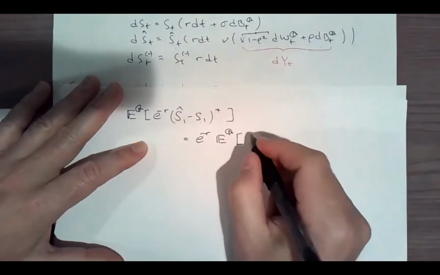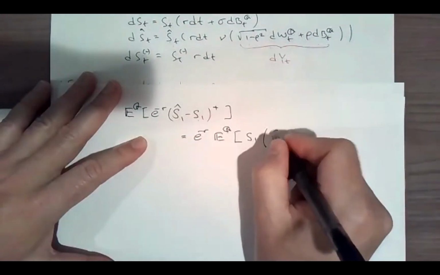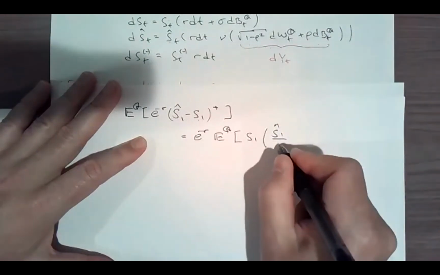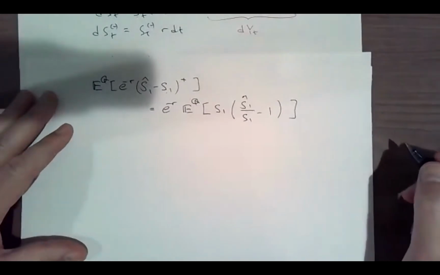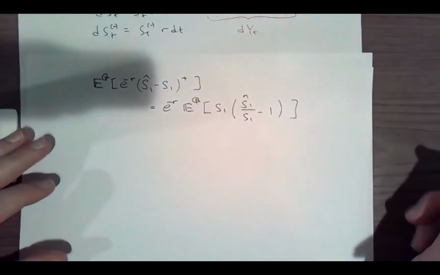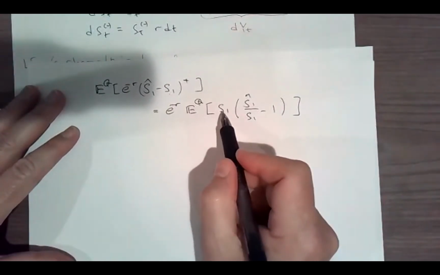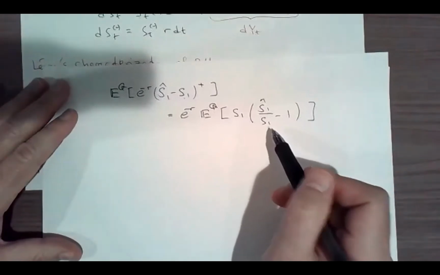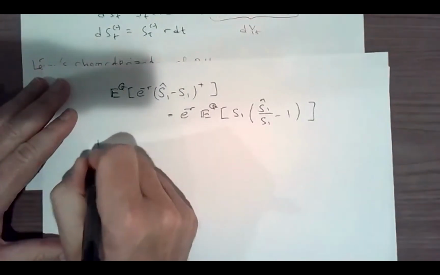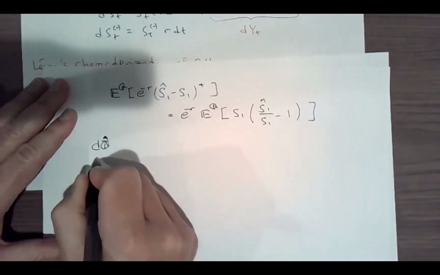What's left is S hat 1 over S1 minus 1. We didn't do anything fancy here, and here comes the fancy part, because the second part of the hint says you should change measure. So introduce a new measure, maybe we should call it Q bar.